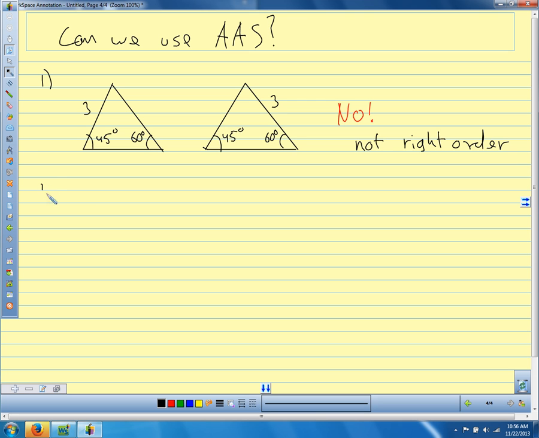Let's look at another one. And again, with these kinds of pictures, remember to go by what the diagram says, not by what they look like. So even if the angles don't necessarily look congruent. How about with this combination?